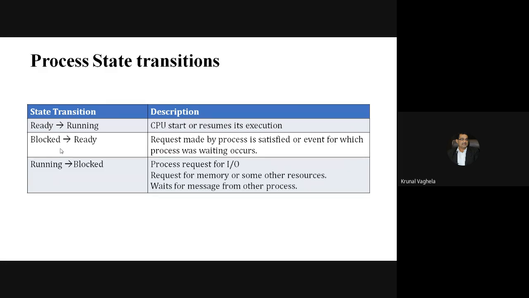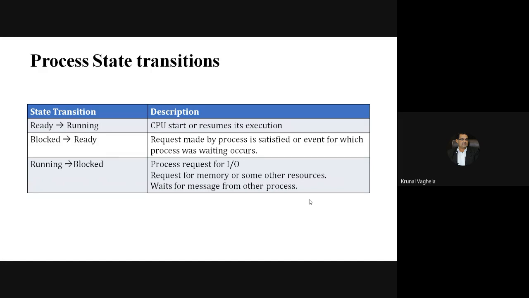That means when the transition will happen from running to blocked, either the process requests input output, requests memory or some other resources, or waits for a message from another process, right? Any event for IO or some resource or memory or some message from another process, any event that the process is waiting for, till it happens, the process will stop or be blocked.